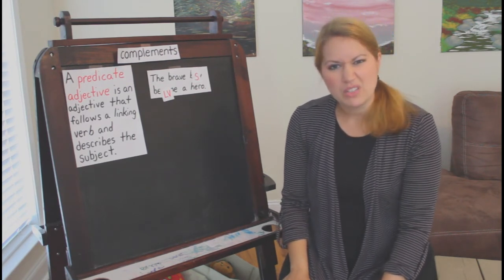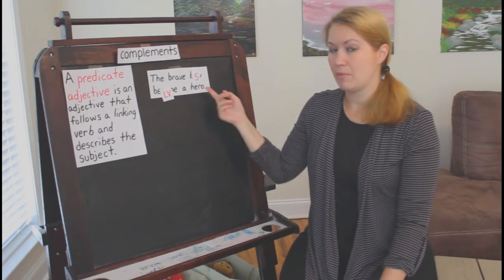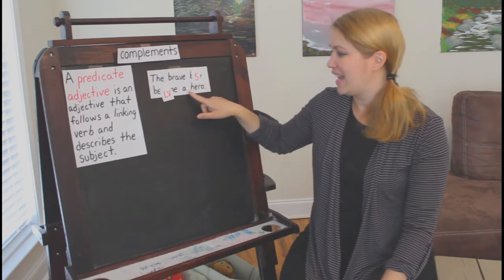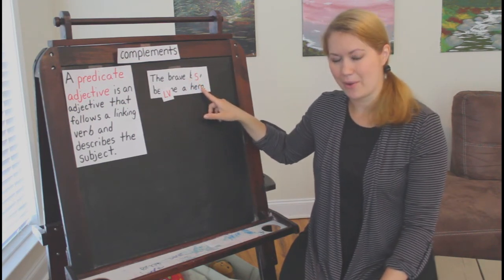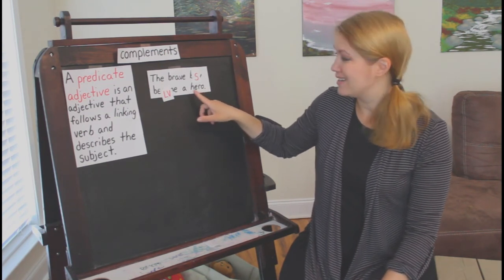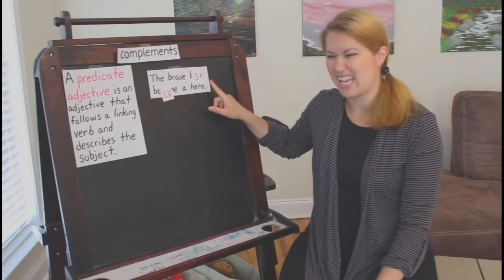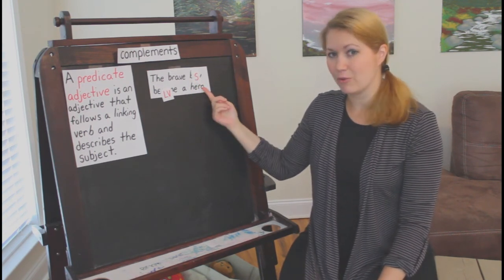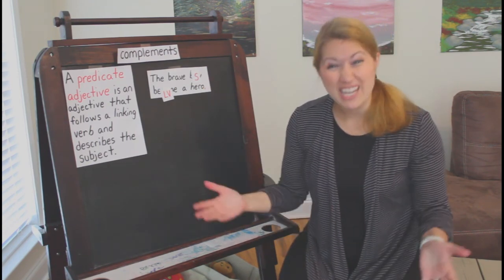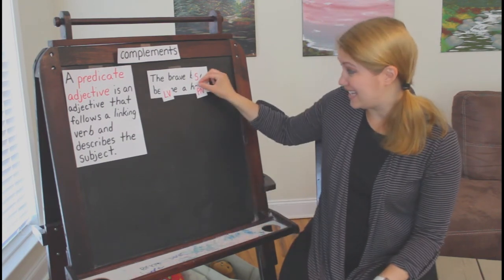Wait a second. I used the word what. The boy became what? He became a hero. A is an adjective describing hero, which means hero has to be a noun. If this is a noun, it cannot be a predicate adjective. So what is it? This one is a predicate nominative.